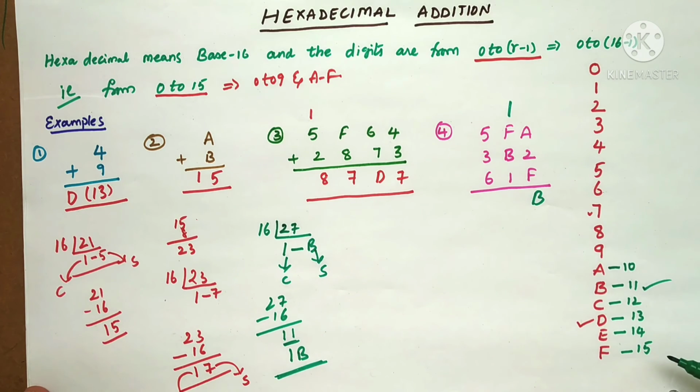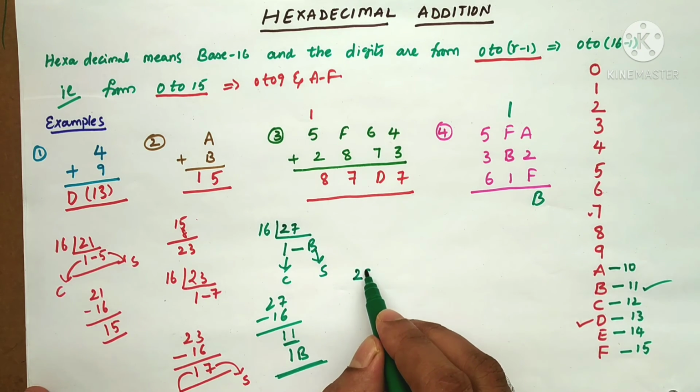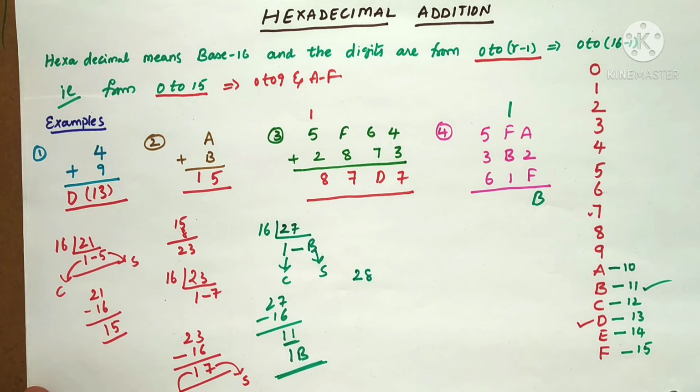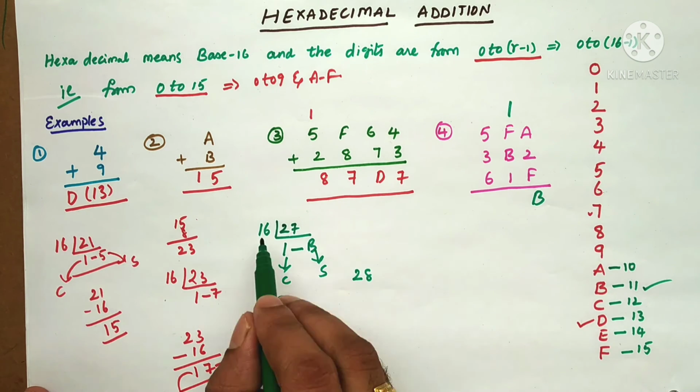Now F means 15, B means 11, so the value is 26, 27, 28. 28 is not in the hexadecimal number system. It is a decimal number. So convert this 28 into the hexadecimal number system by dividing by 16.